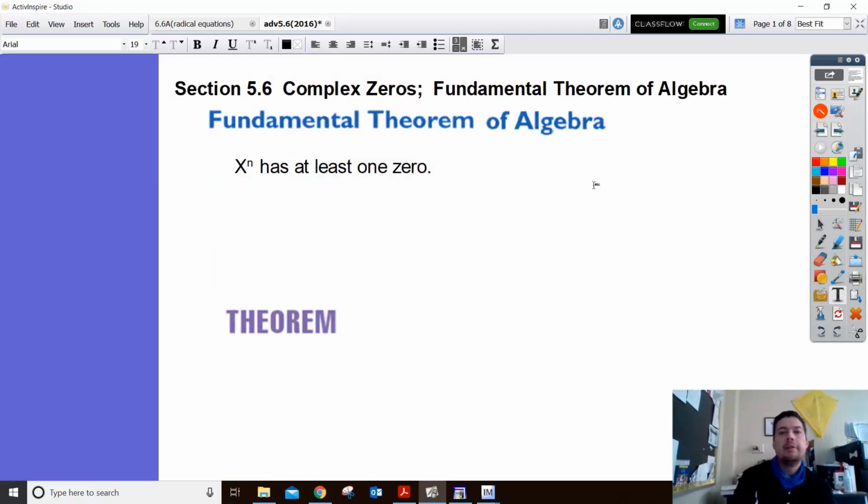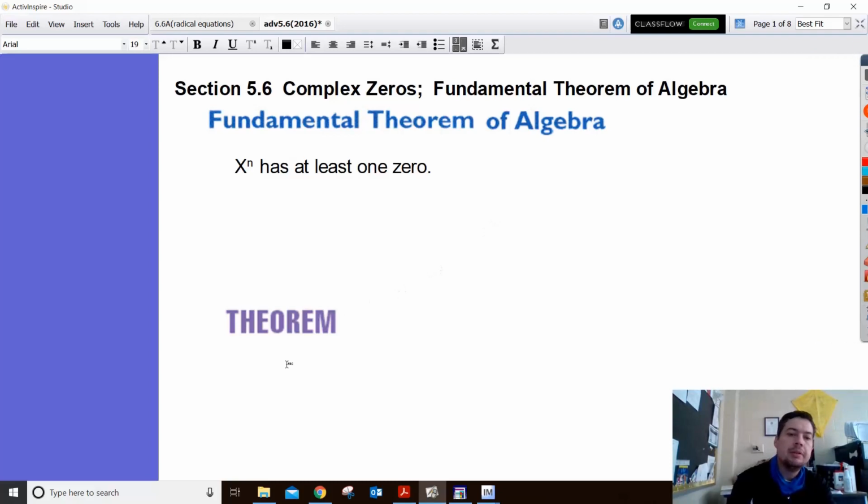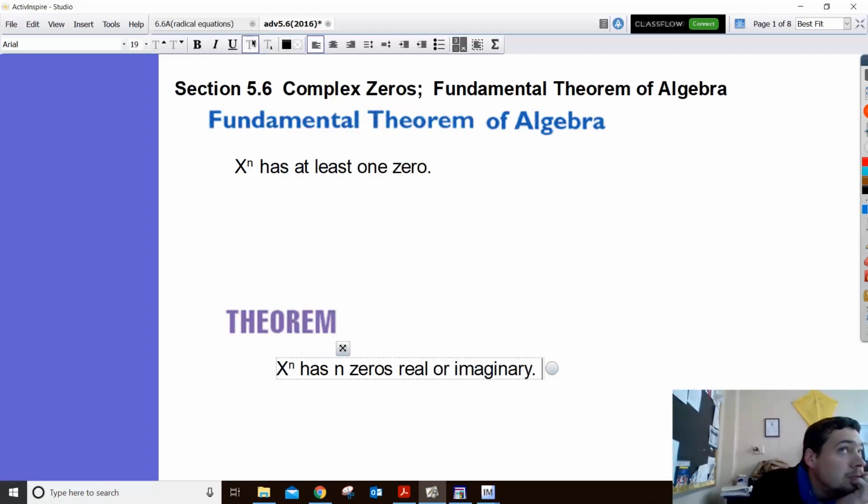Now, the theorem that's associated with this one says that x to the n has n zeros, real or imaginary. That's the one you use.